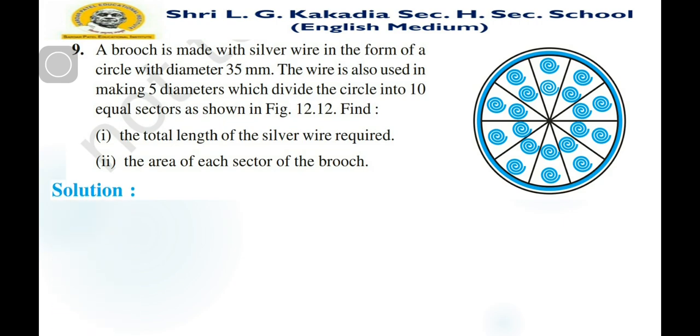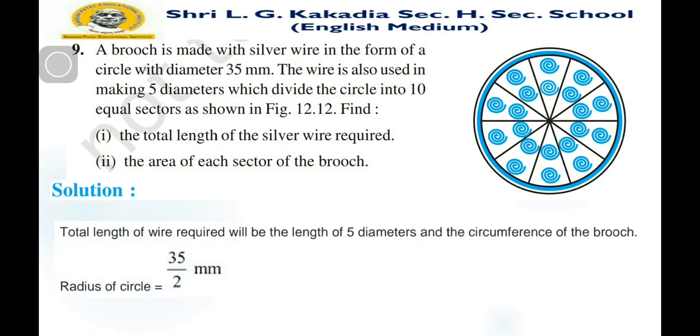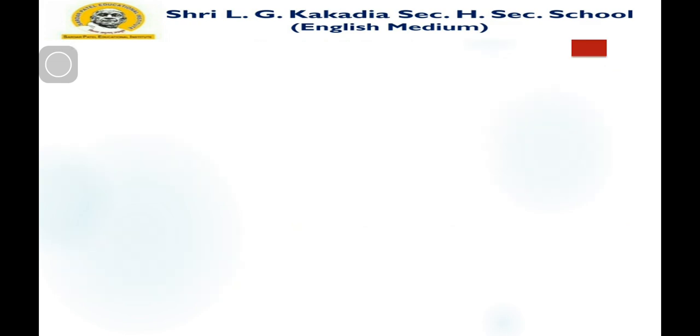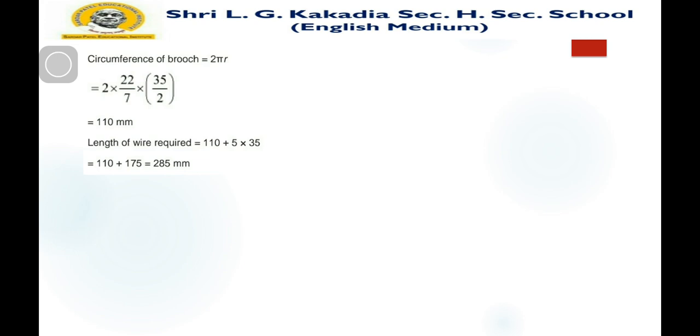So, the solution. The total length of wire required will be the length of 5 diameters plus the circumference of the brooch. The radius of the circle is 35 by 2 mm, given here in millimeters. The circumference of the brooch is given by 2 pi r, so 2 into 22 by 7 into 35 by 2, that is 110 millimeter.